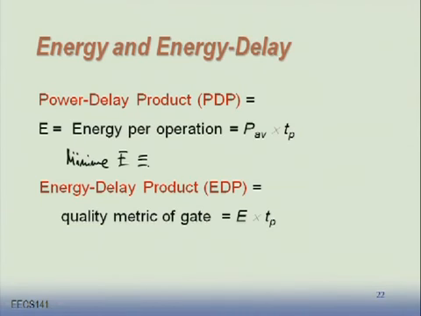Run things as slow as possible, like take a year to switch a transistor. Actually, you'll find out that people say the power delay product is not a good objective.